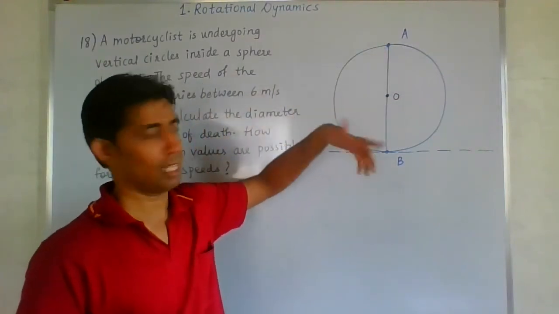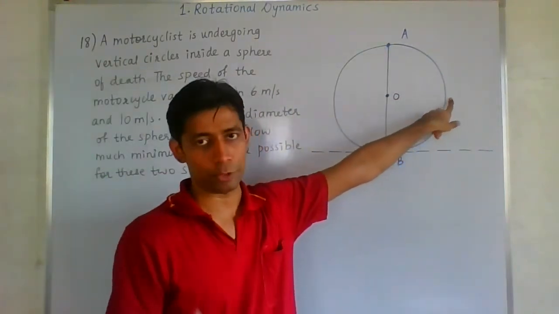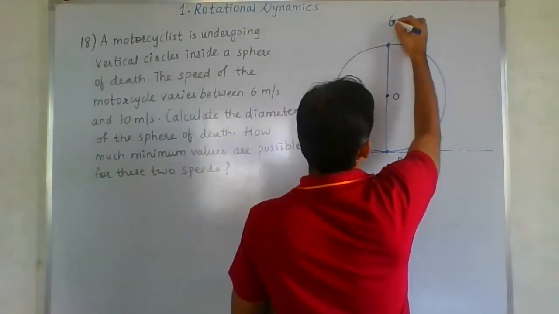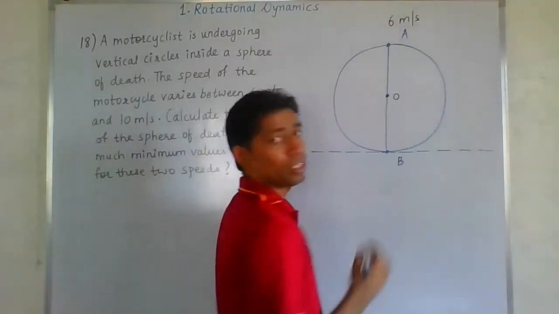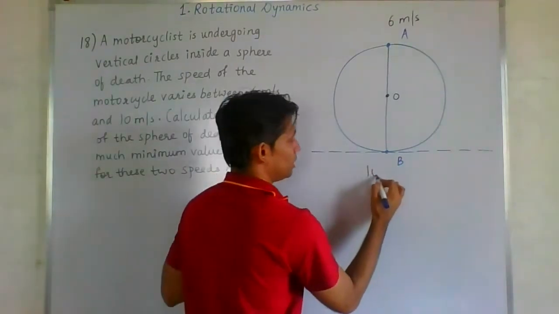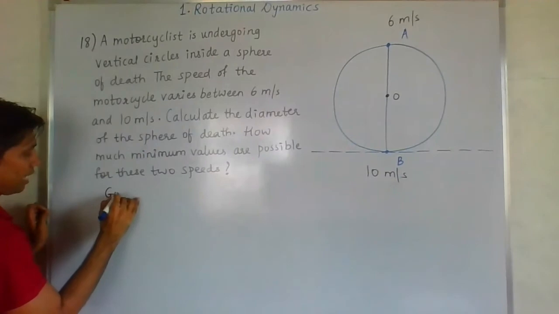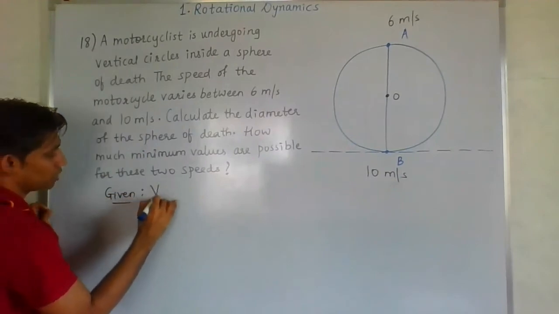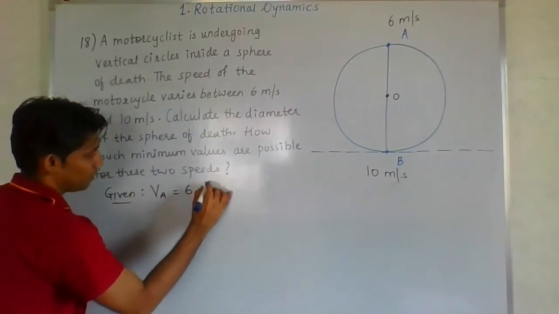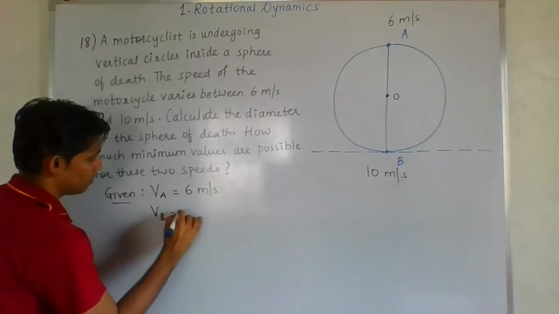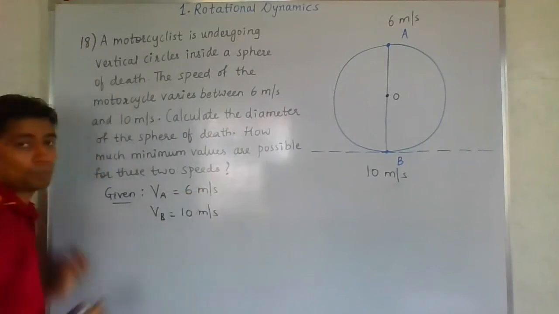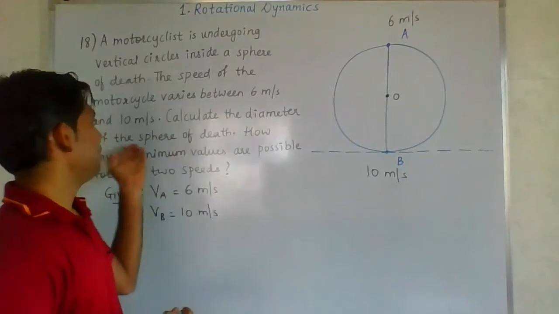So I write the velocity at this point is right now 6 and the velocity at this point is right now 10. So I will write given as, velocity at point A 6 है and velocity at point B 10 है.